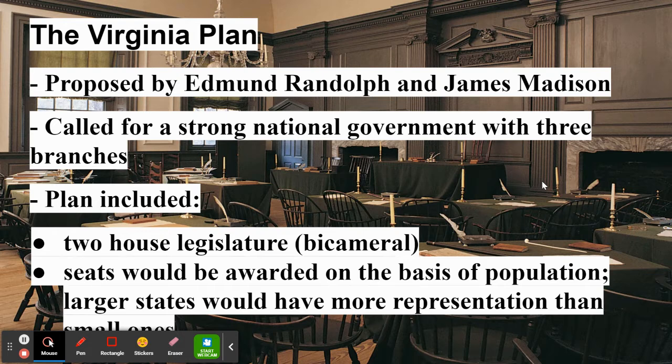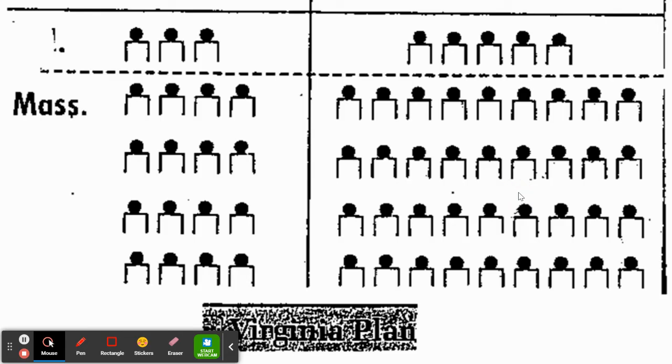Larger states would have more representation than smaller states. And so, as the diagram on the screen shows, a state like Massachusetts would have less delegates than a state like Virginia because of its total population.